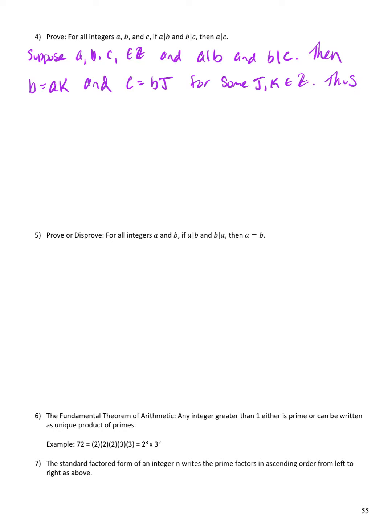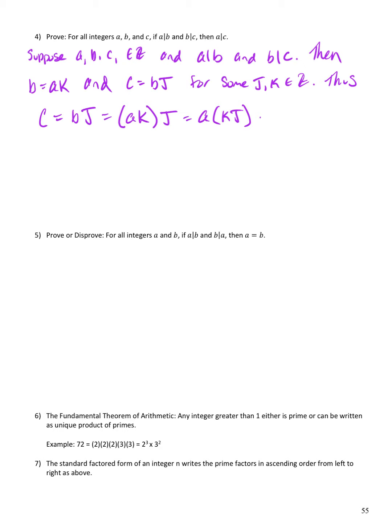Thus, c is b times j. Now I'm just going to make a substitution. Instead of b right here, I'm going to replace the b with a times k. So instead of b, I have ak times j, which is a times kj.